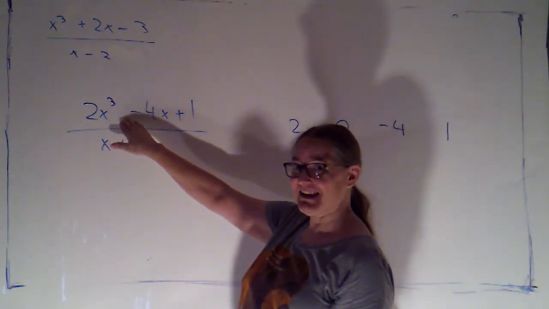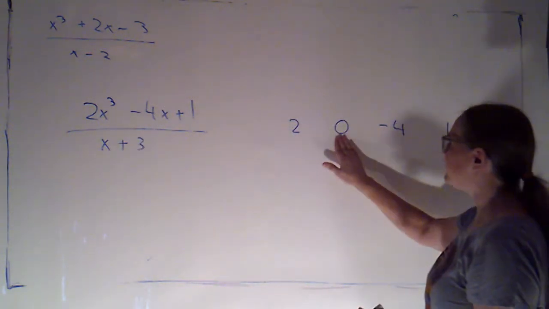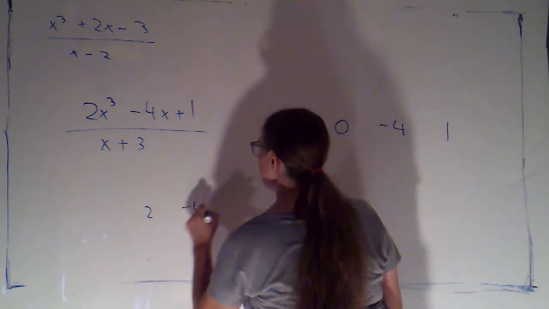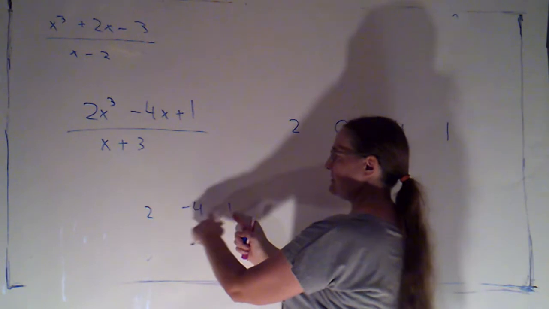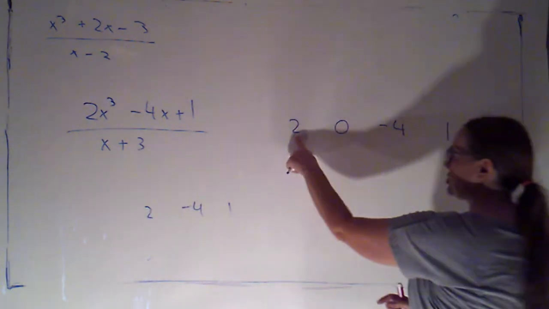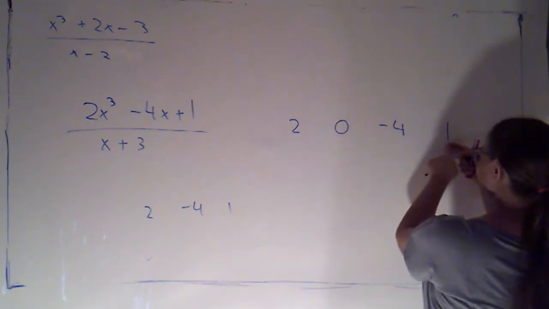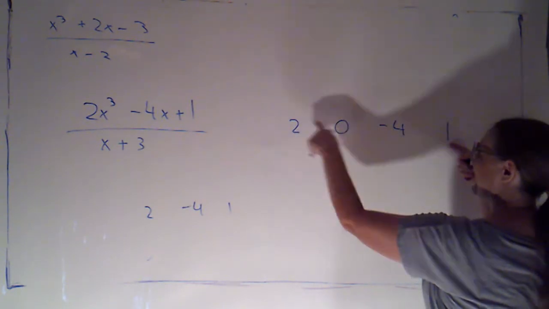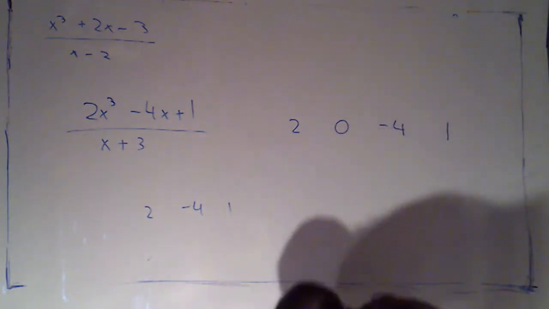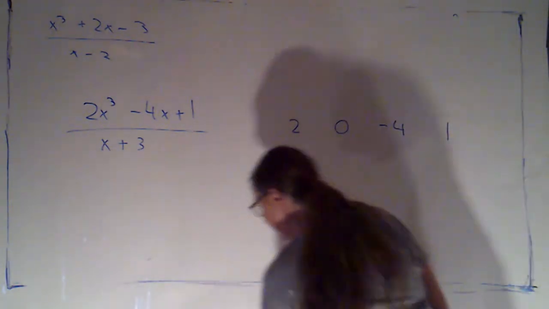We don't have any x squareds. I have to write in that 0. If I just wrote 2, -4, 1, I'd say that was constants, that was x's, I had 2x squared. The way I know that that's 2x cubed is because I say constants, x's, x squareds, x cubed. So if you're missing a power, it is absolutely necessary to write in that 0.